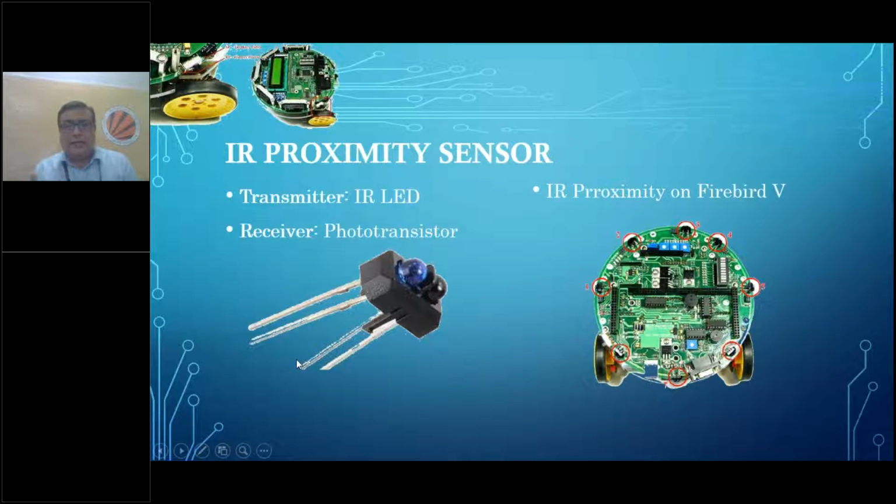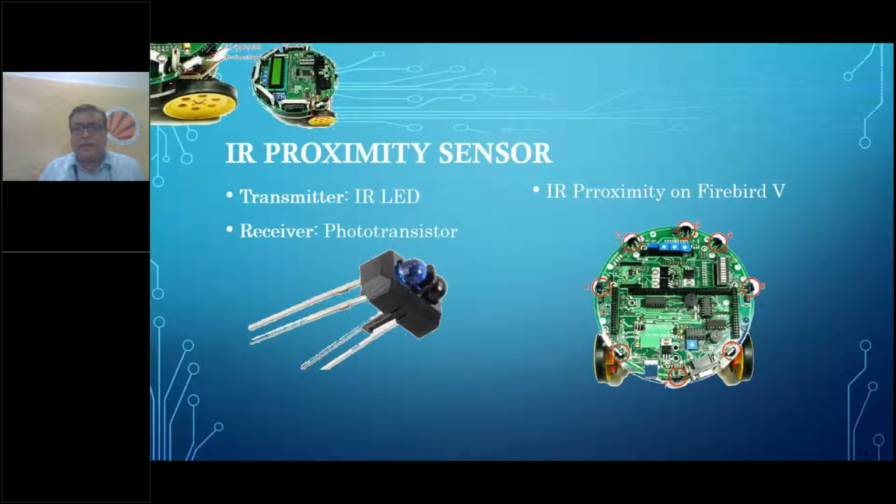So the IR sensor is used for detecting a particular object or obstacle in the path. Now next is the IR proximity sensor. What is this proximity sensor? A proximity sensor just identifies in what direction an obstacle is available. When the robot moves, if any obstacle is there, it will stop.